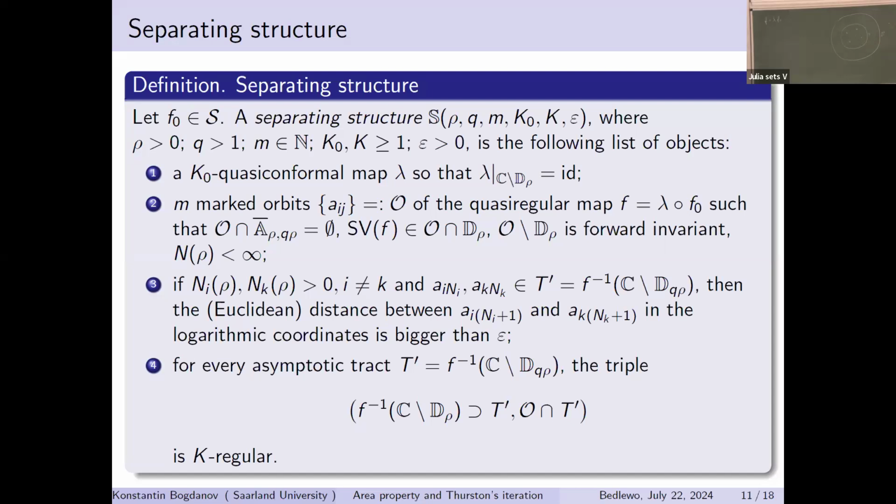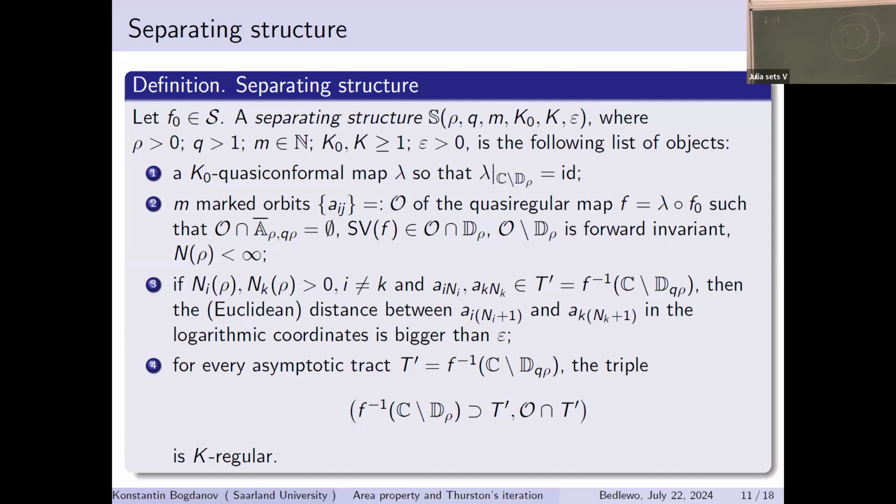Then there is a condition that n of rho is smaller than infinity. N of rho is basically the number of marked points inside of the smaller disk. So it basically says that we are not allowed to have periodic orbits inside of this smaller disk.